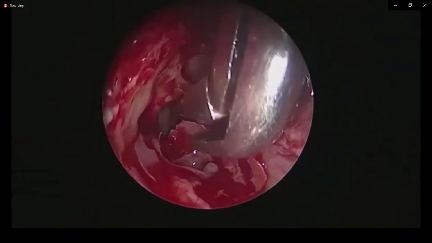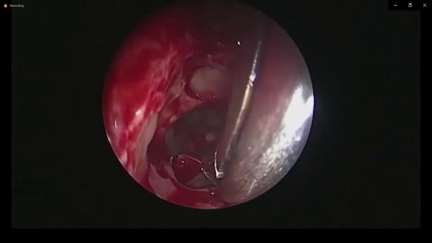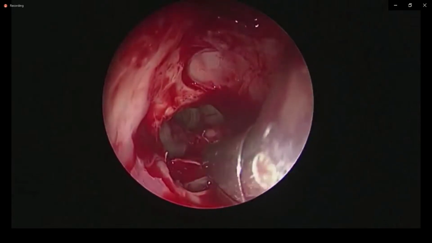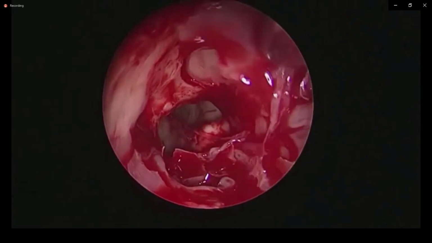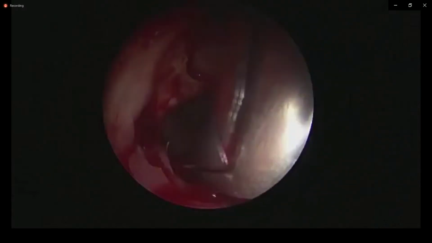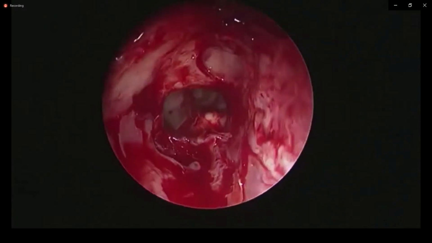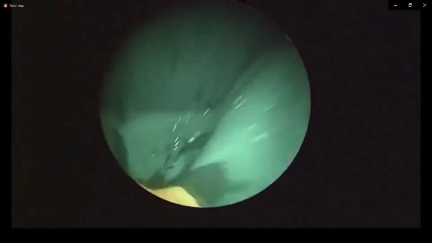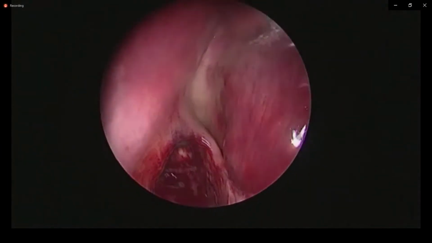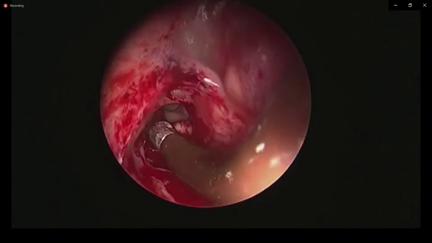If we don't remove the party wall between the frontal sinus and the supraorbital cell, the frontal sinus opening remains narrowed by this cell. So in order to do optimal work, we need to remove the party wall between this cell and the frontal sinus outflow. Again, see how much the frontal sinus is being widened. You have to widen it more and more.